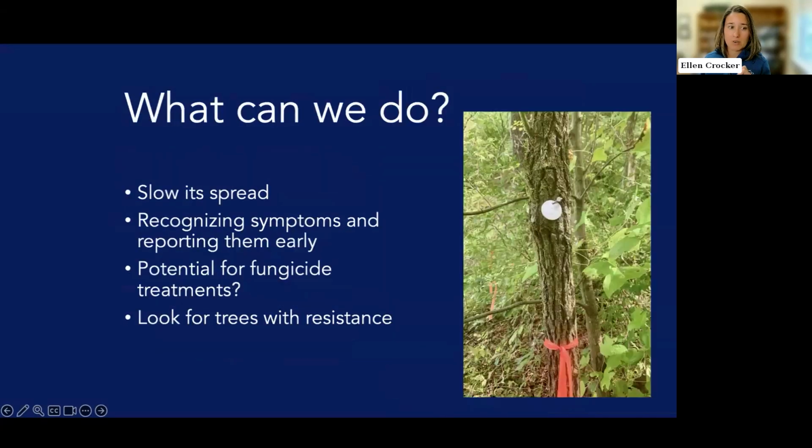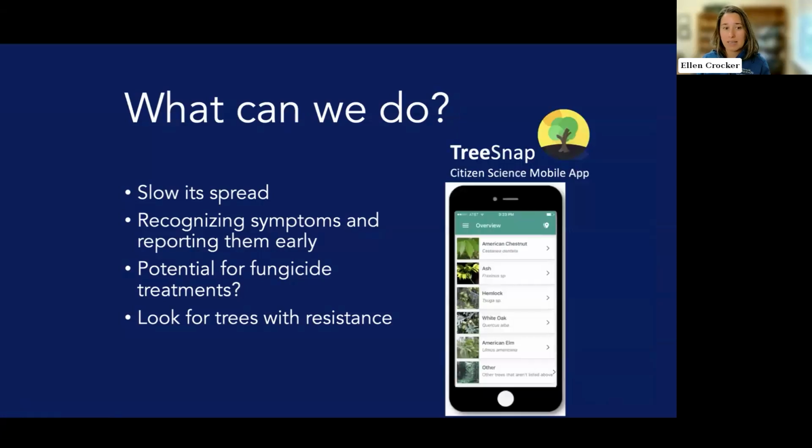In addition to those, I do want to mention we are looking for trees with resistance. In areas where laurel wilt disease is established and has killed pretty much all of the sassafras, we're going back and trying to see, are there any trees that are left? Do they potentially have resistance to laurel wilt disease? We have an app that we're using to facilitate reports of that, Tree Snap.